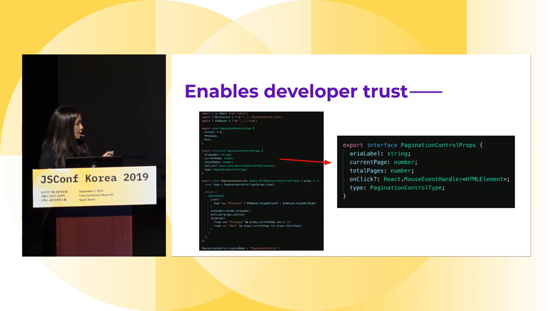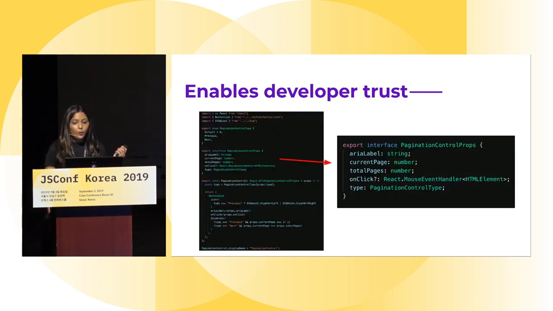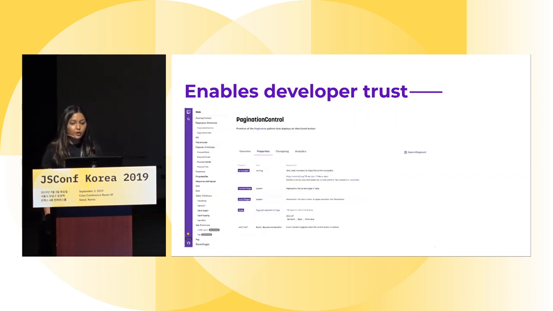So for our component pagination control, which you saw here, we have all of the possible props you could use on this component listed out in this interface. In our documentation, if you go to the Properties tab of each component, you'll find those same props listed out for our developers to easily reference.